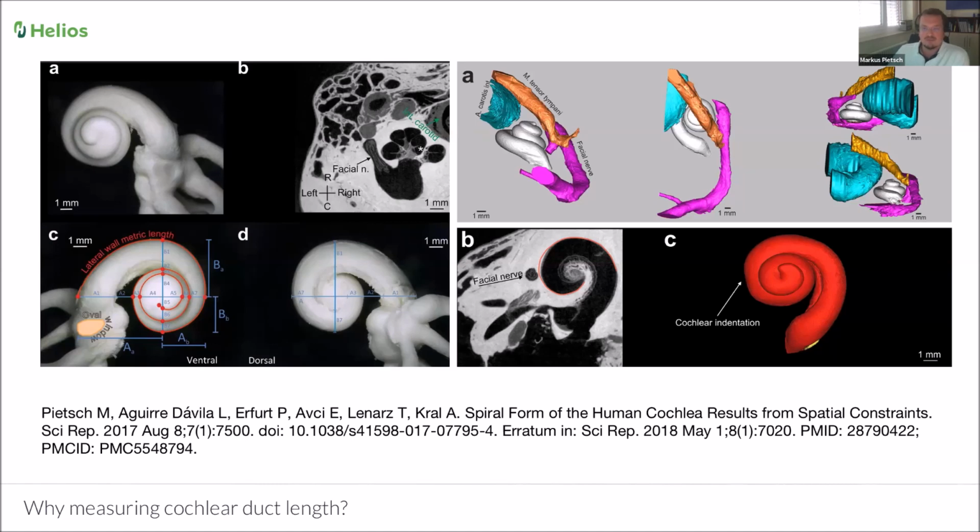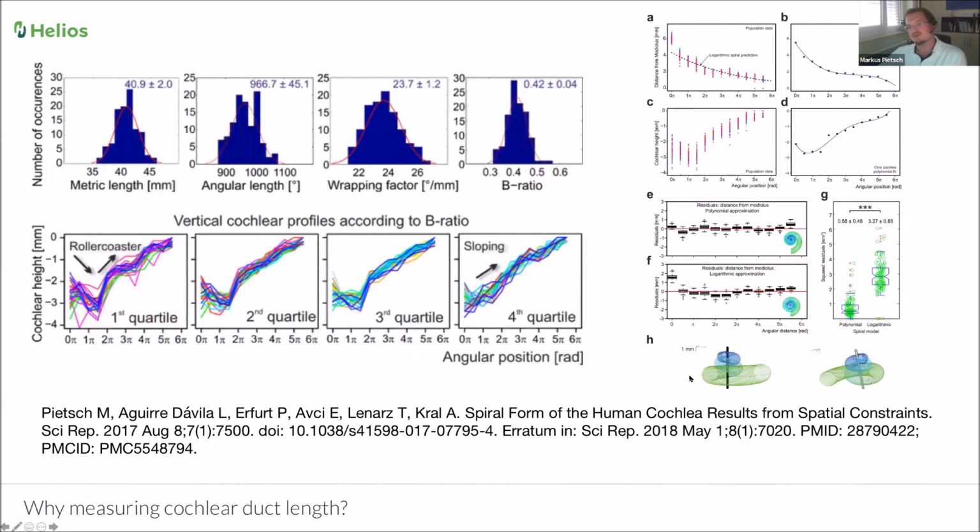But for our topic today, I will show you those measures we did, and you see here very well that we also found this described variability of the cochlea, the metric length.